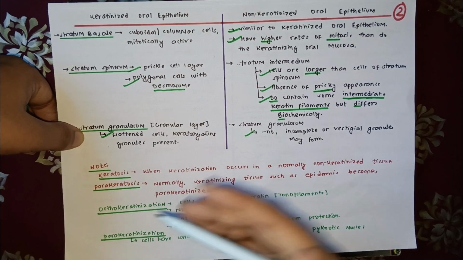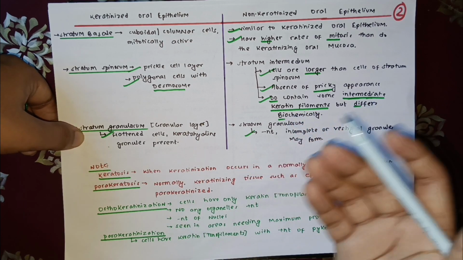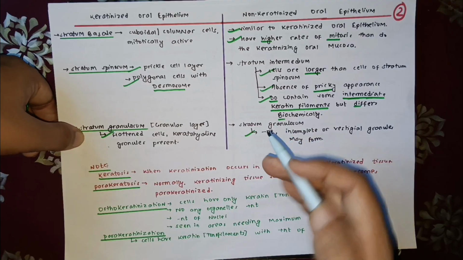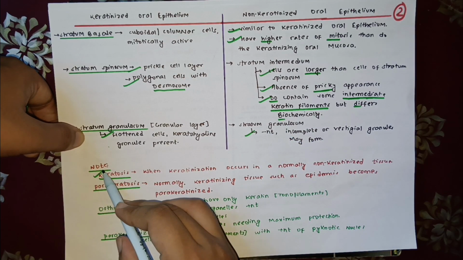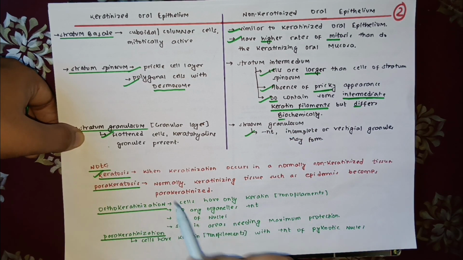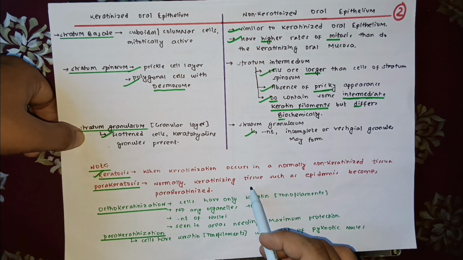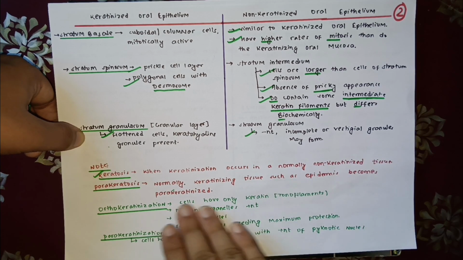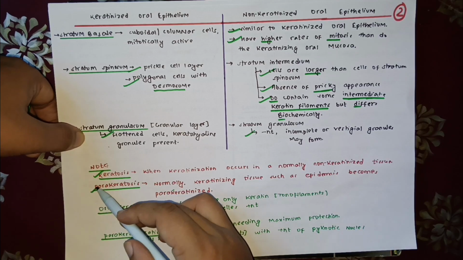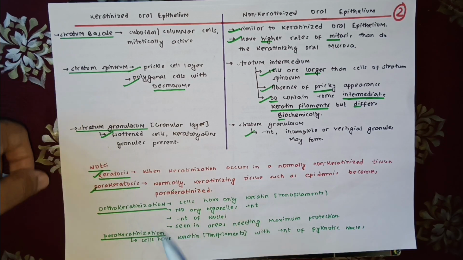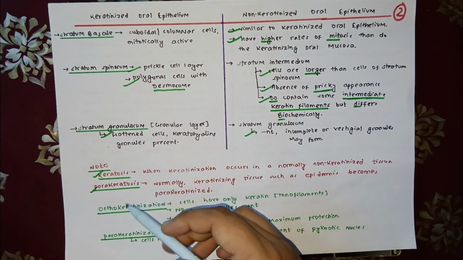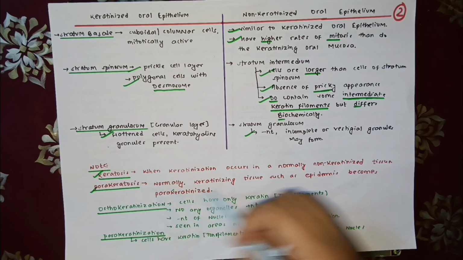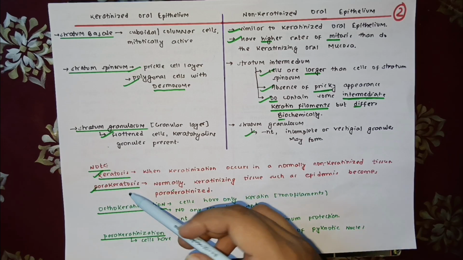When keratinization happens, meaning deposition of keratin takes place in non-keratinized tissue, it is called keratosis. Parakeratosis means normally keratinizing tissue such as epidermis becomes parakeratinized. They are simple to understand, but you may get confused; after looking at this point, I think you will be clear in the upcoming days.